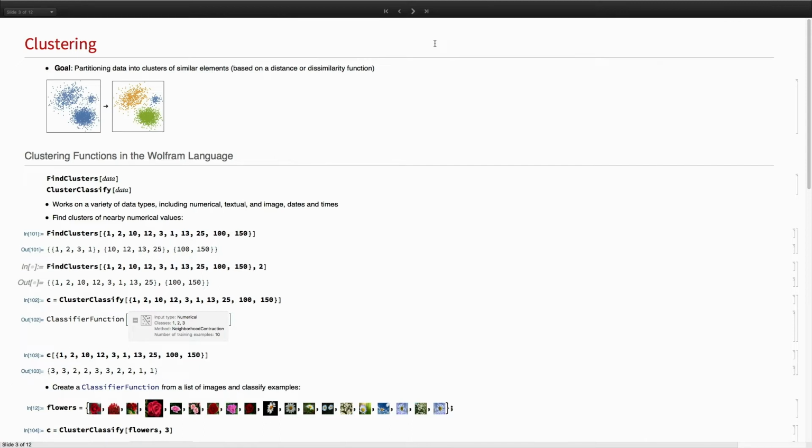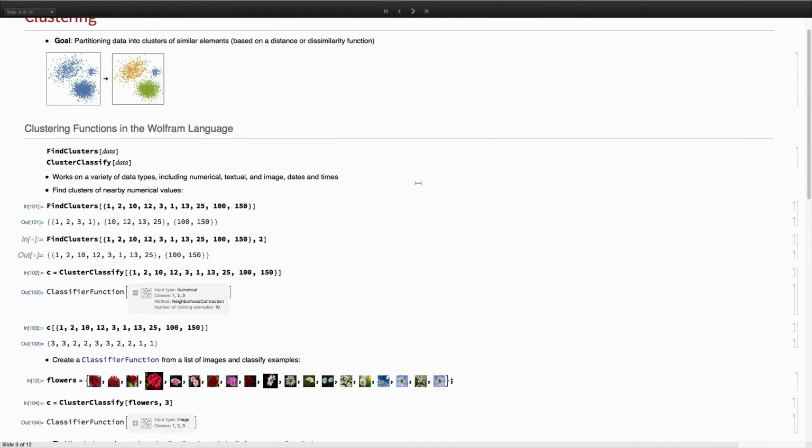Two main functions that we'll be using today are find clusters, where you can input the data directly and get the clustering result as a default output, and the other one is cluster classify.